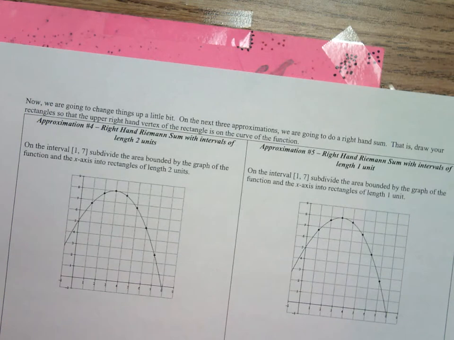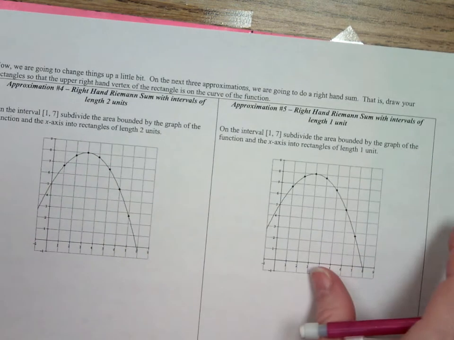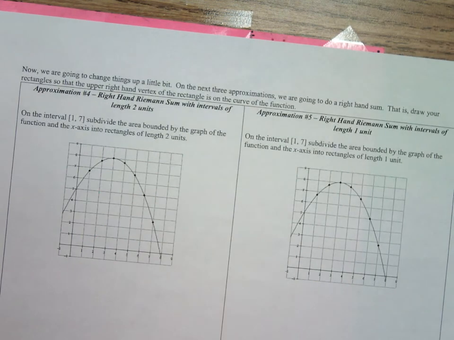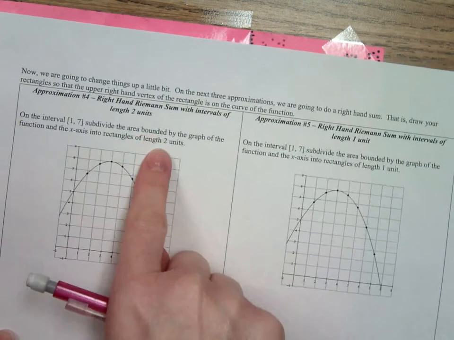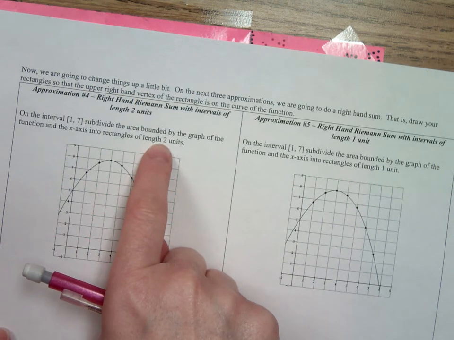Now we're going to change things up. Now we're going to do a right hand sum. So this time, the upper right hand vertex of the rectangle is going to be on the graph, on the curve. We're going to start with a length of 2. We're still going from 1 to 7.